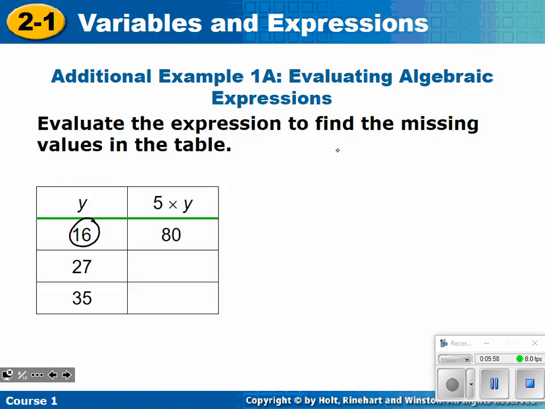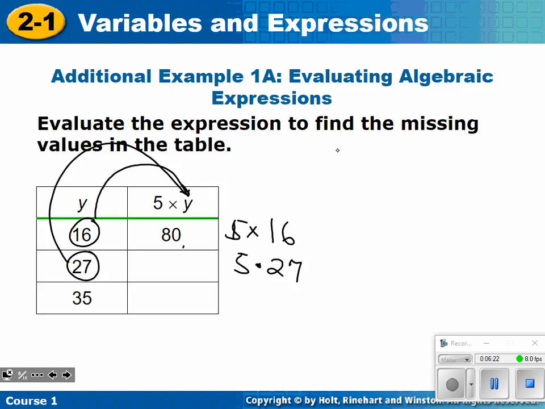So when y is 16, we plug the 16 in there, and we go, this is 5 times 16, which is 80. For this one, we take 27, we plug it in for y, we go 5 times 27.